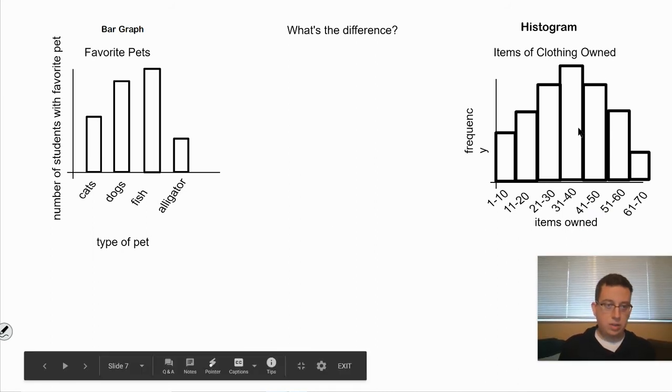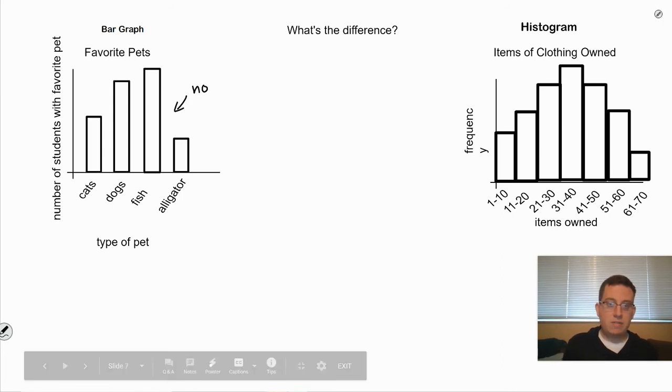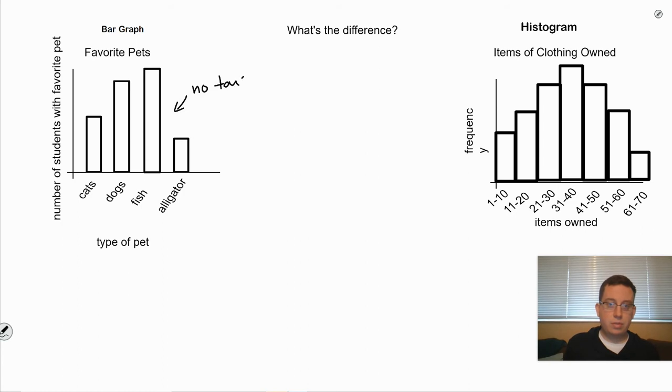The first one is the bar graphs have no touching. There are spaces between the bars. You notice right here, space, space, space. These are practicing social distancing. So be like the bar graph, practice social distancing.